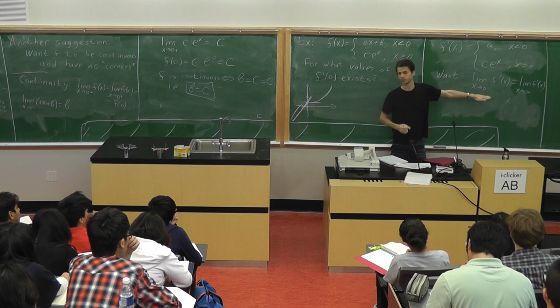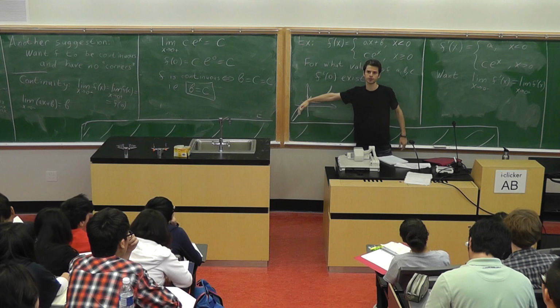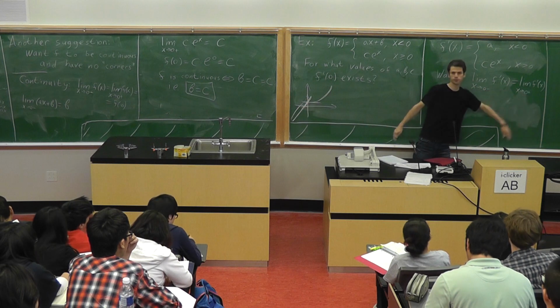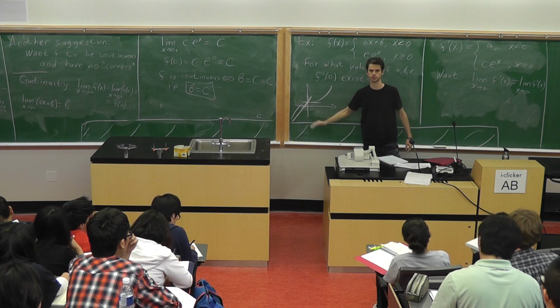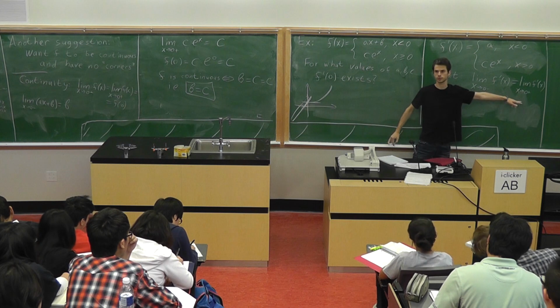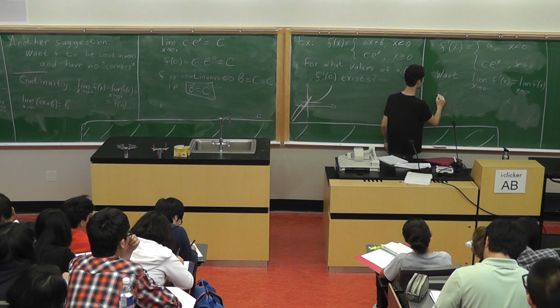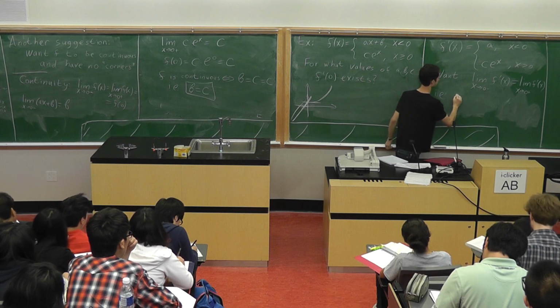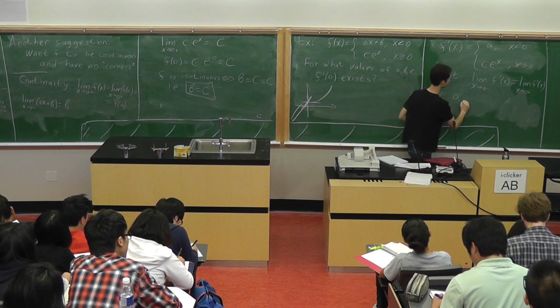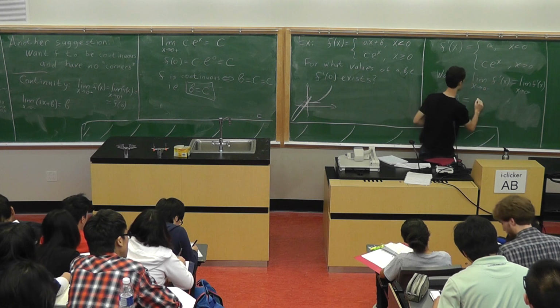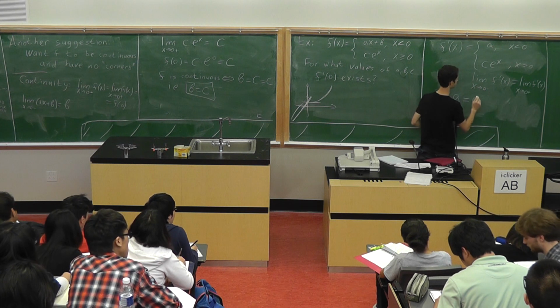Because that's the slope of the tangent to the left part of the graph at the point 0, and that's the slope of the tangent to the right part of the graph at the point 0. And we want them to agree. So we want A, this thing, to be equal to this thing, C times e to the power 0.